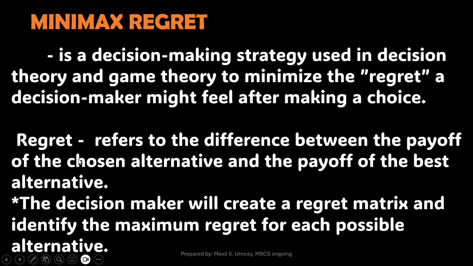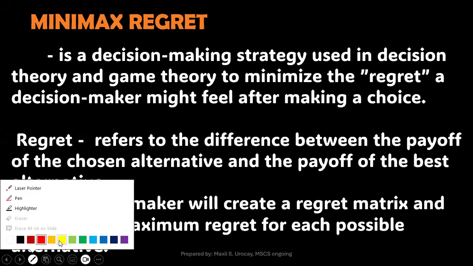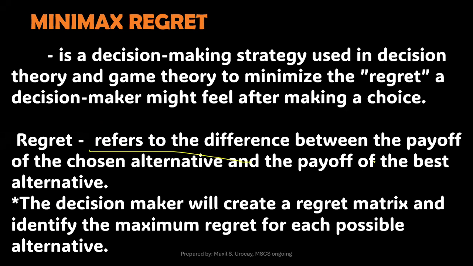So when we say regret, it refers to the difference between the payoff of the chosen alternative and the payoff of the best alternative. So we will deduct the payoff of the chosen alternative from the payoff of the best alternative. That's what we mean by regret.